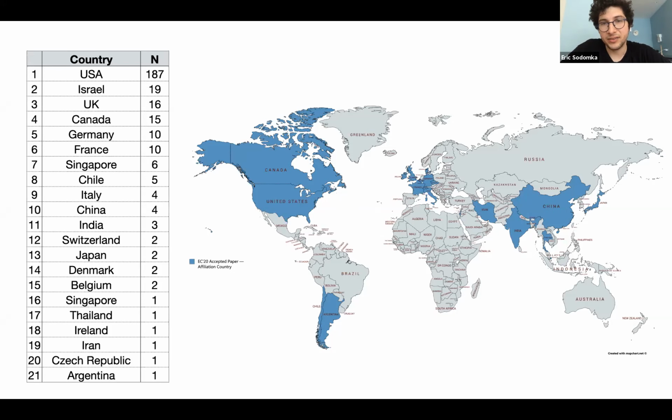Each paper has a number of authors, each author has typically one, sometimes more affiliations, and this is showing the countries of those author affiliations. So you see, the vast majority of the accepted papers at this conference are coming from the US, and it's really not even close to representative of the global population. And there were no accepted papers from the entire continent of Africa.